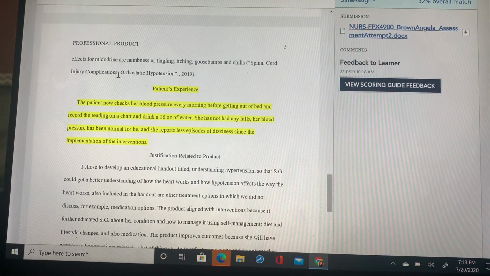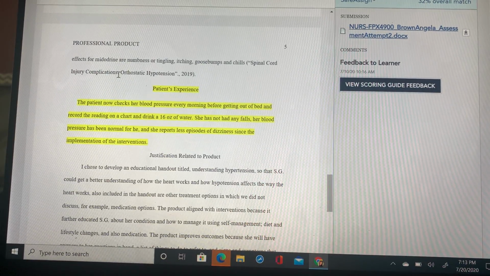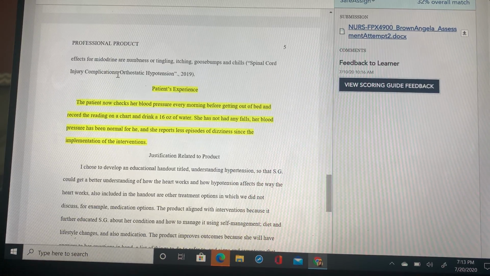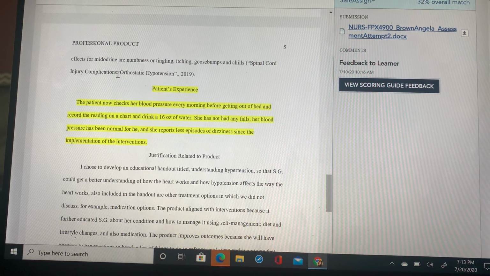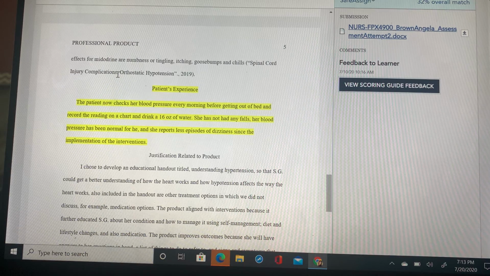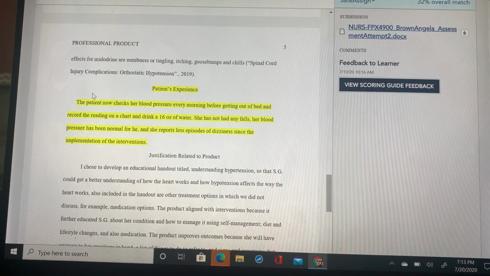Since I gave her my product, my handout, educating her on how to check her blood pressure, she now checks it every morning. This is her experience after my professional product. She checks it every morning. She records it. She drinks water now. She hasn't had any falls, and she reports less episodes of dizziness. So that's how we improved it.